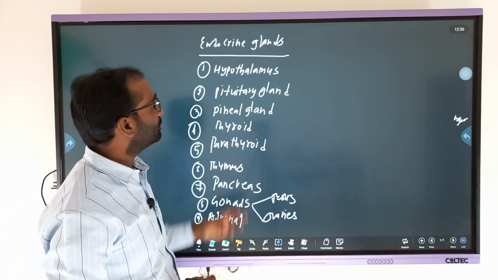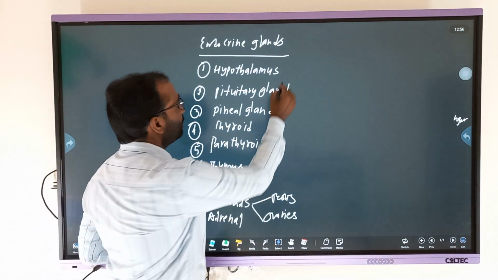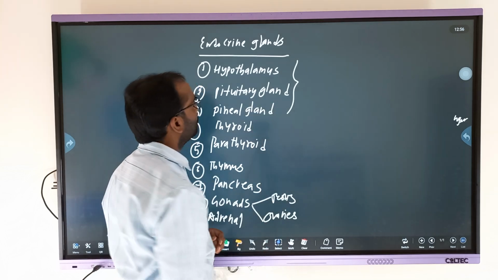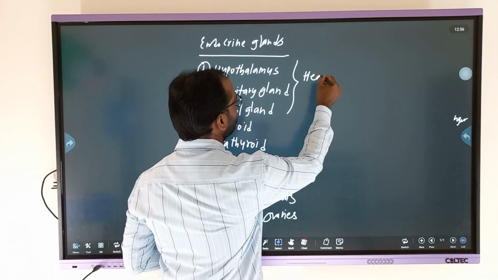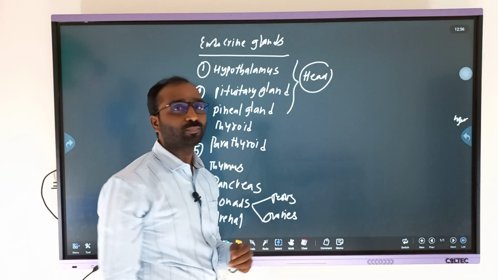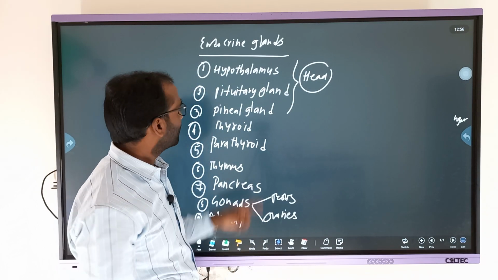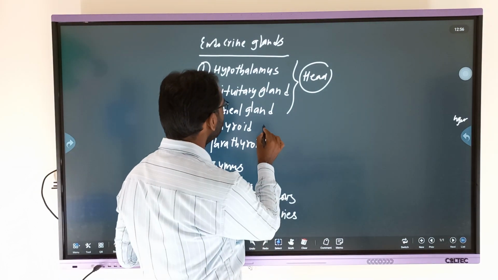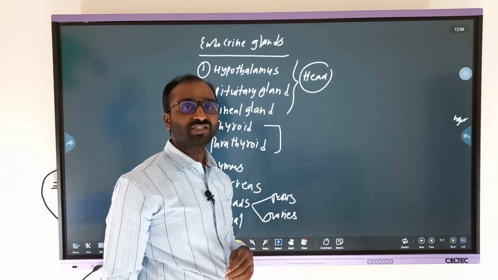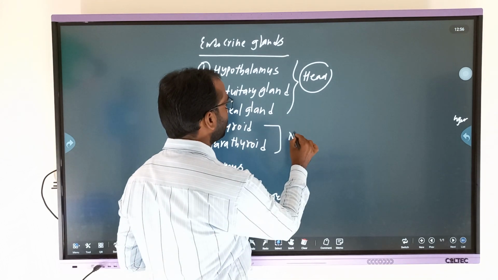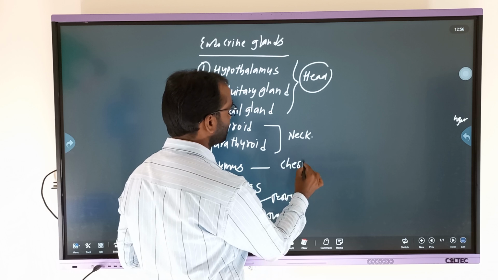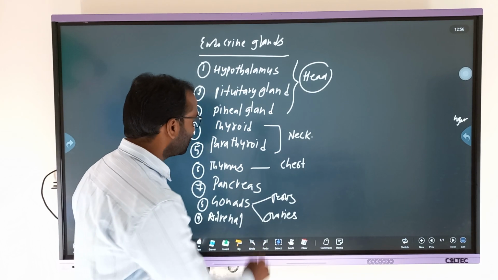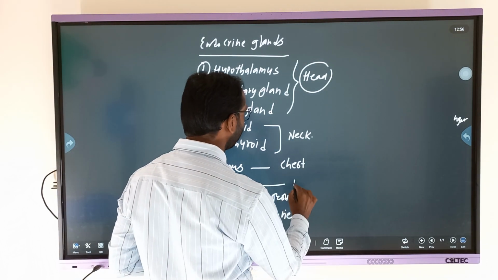Then if you observe position wise, hypothalamus, pituitary, pineal are placed in the head region. The position is also important. Then thyroid and parathyroid, these two are present in the neck region. Thymus, chest. The next one is pancreas. This is abdomen.